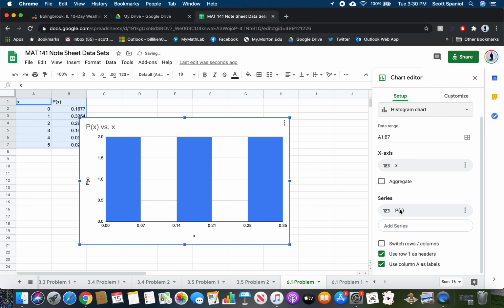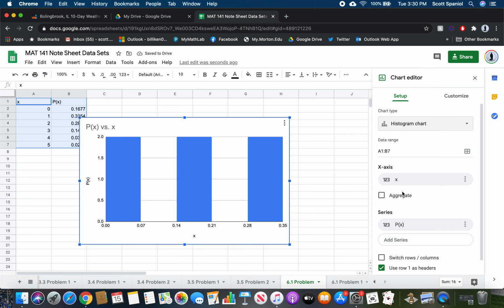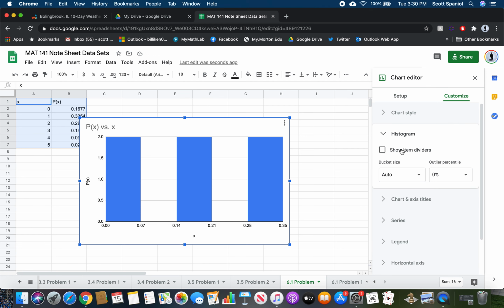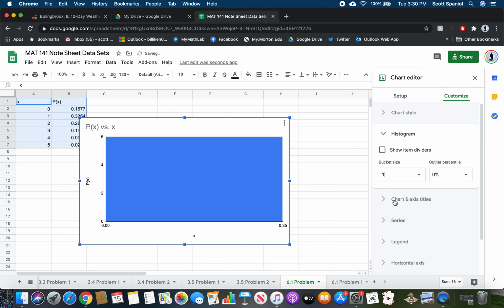And then one of the things you're going to have to do if you do a histogram like this is I'm going to have to customize it because it's using the wrong bucket size. And what I want the bucket size to actually be is 1. Oh, and it's got them reversed. Okay, so let's see.